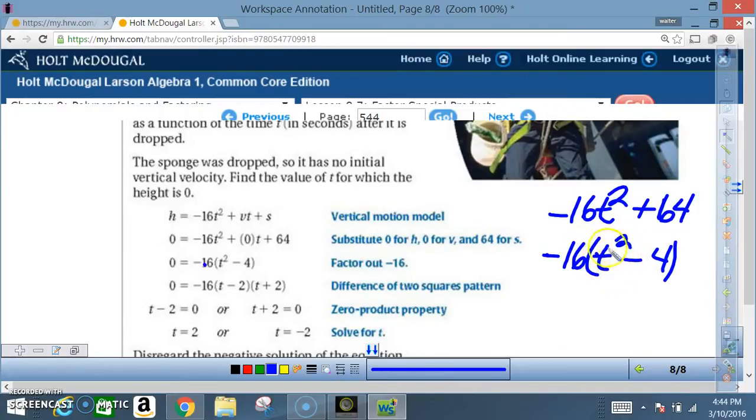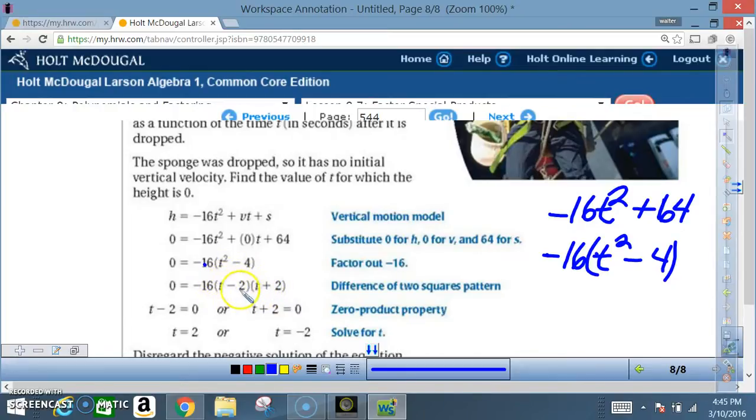And now you apply the same technique we've been doing this entire lesson. All right, so now we're back here, and the square root of t squared is t. The square root of 4 is 2. I want a positive version and a negative version, same thing.